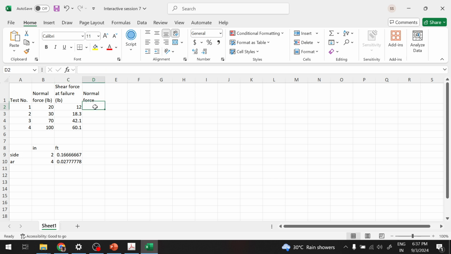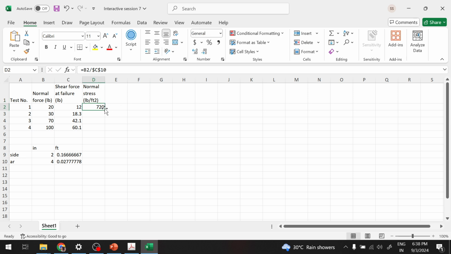Okay, so the normal stress will be force over area. Let's fix this. Actually this should be area. Okay, let's fix this. This will be 720, and let's write the units here, which will be pound per feet square.